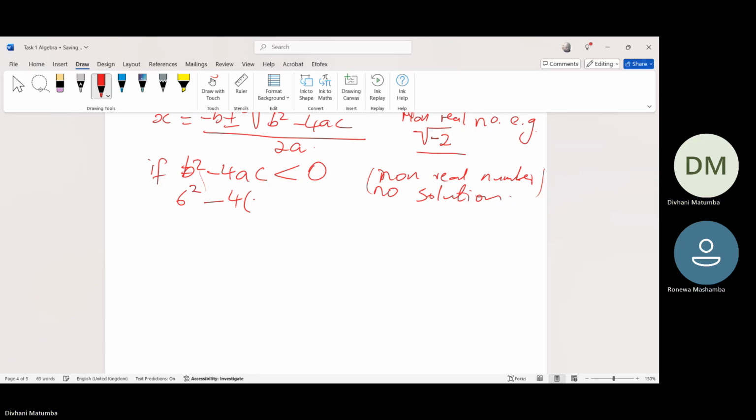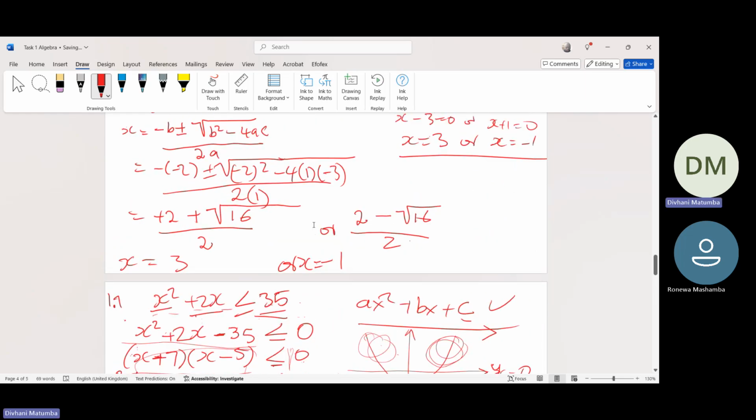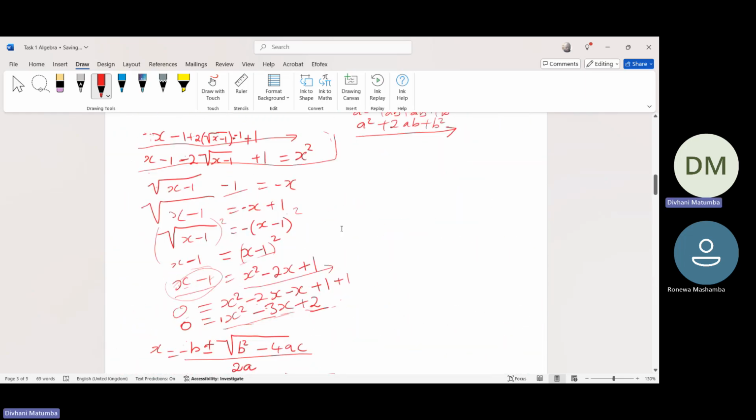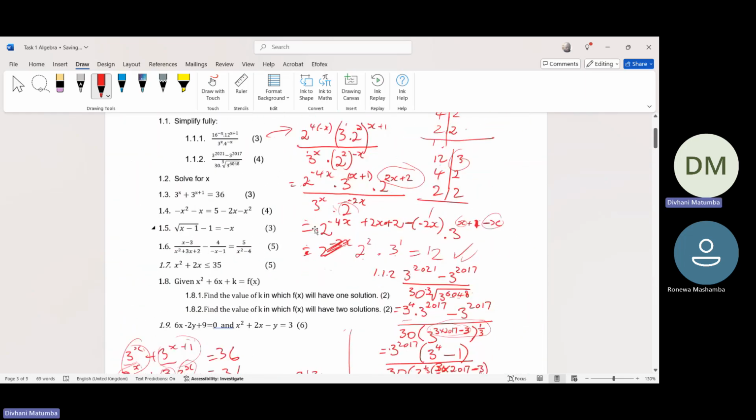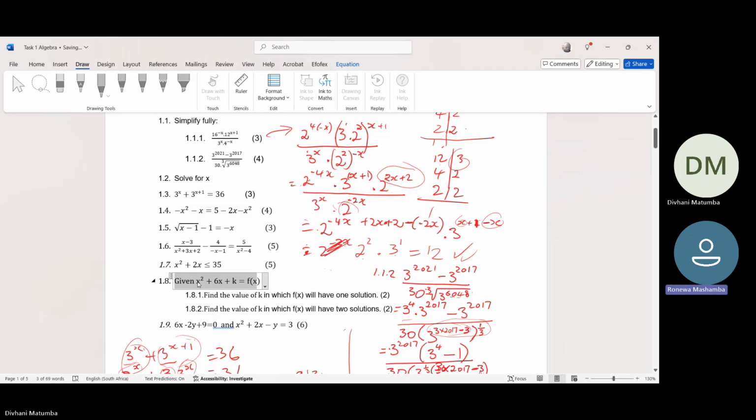Let me go back to the equation. The value of a, we're talking about this one. X. We are talking about numbers.